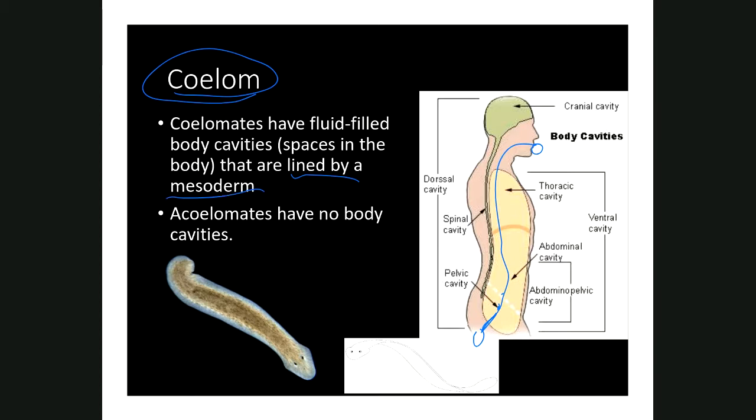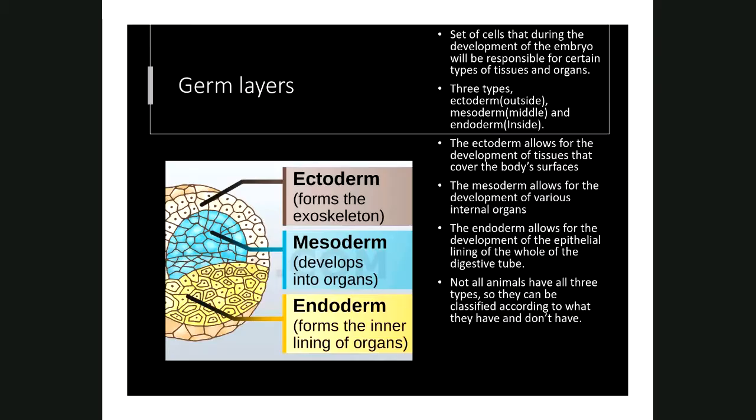What is a mesoderm? Okay, the three tissue layers are ectoderm, mesoderm, endoderm. So the coelomic space is only created when the animal has a mesoderm. Right, and mesoderm allows for the development of various internal organs.